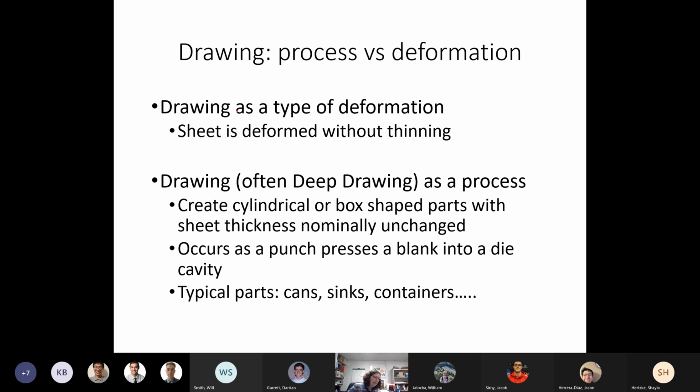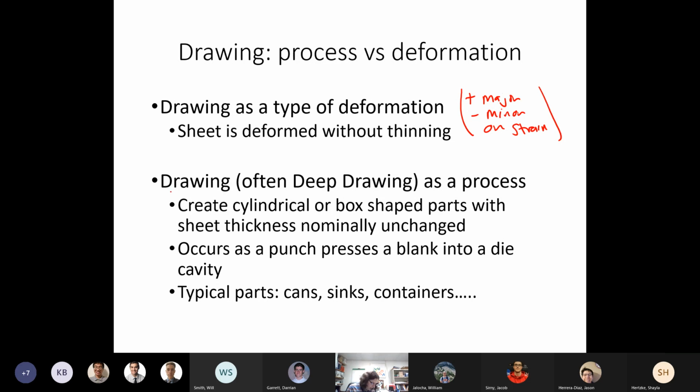When we say that drawing is a type of deformation, it means the sheet is deformed without thinning. So this is going to be a positive major and a negative minor strain. So we're talking about a type of deformation and where it fits on the forming limit diagram.